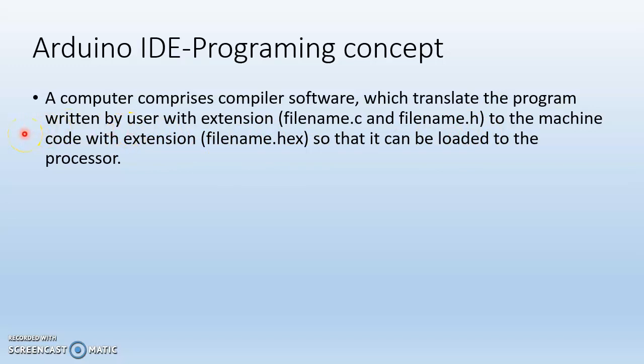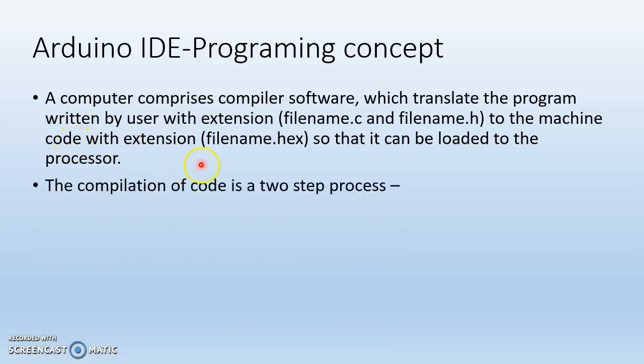Whatever program we write in the software will be saved as a .c or .h file, and the compiler software will translate it into the machine code, that is the hex file, and that will be loaded to the processor. Now this compilation is done in two steps.